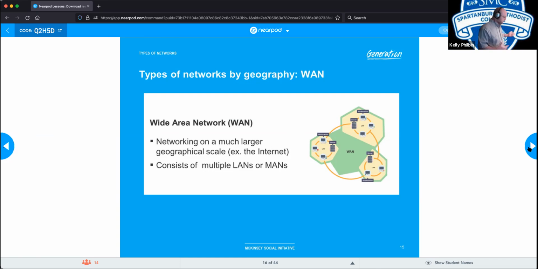They're even talking about adding a new category because of communications with the moon and Mars, where it's interplanetary. They haven't gotten that far yet. They still consider those WANs. So if we're talking to our satellites in space and the rover on Mars, that's a WAN. Any questions with regards to that?